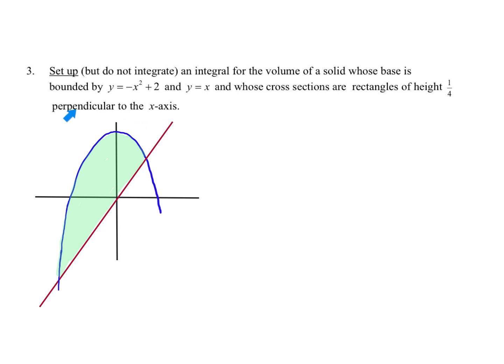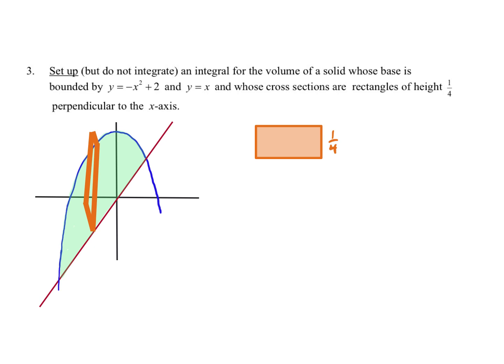Again, we're perpendicular to the x-axis when we have rectangles. I didn't make a solid out of this. I tried to sort of draw a rectangle coming at you. So picture this rectangle coming out of the screen towards you. And for me, I like to then draw it in 2 dimensions, so we know what we're actually trying to find the area of.